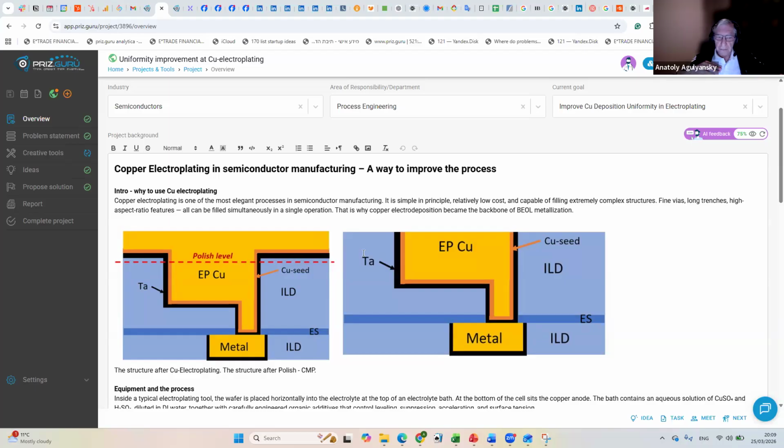After that, the next step, we remove the rest of the copper and we have an endpoint, which is optical. And after that, we remove tantalum and disconnect the structures. This is the result.